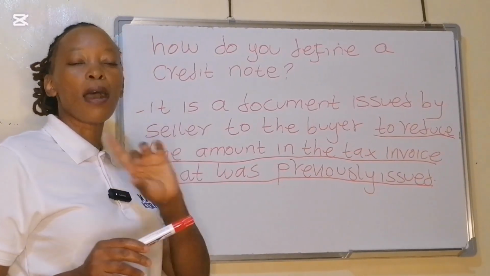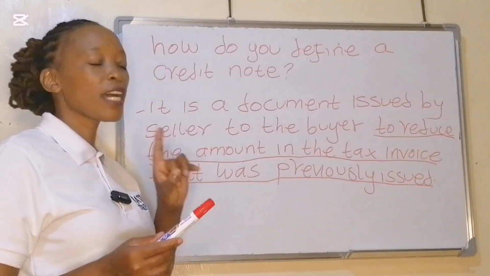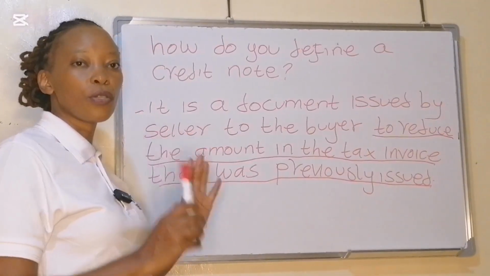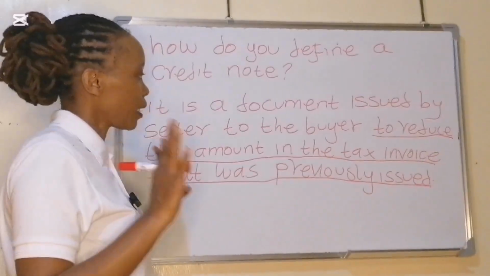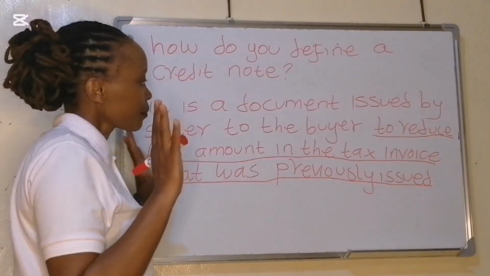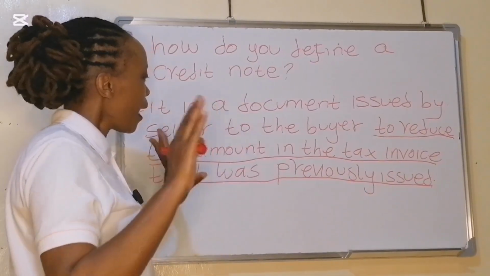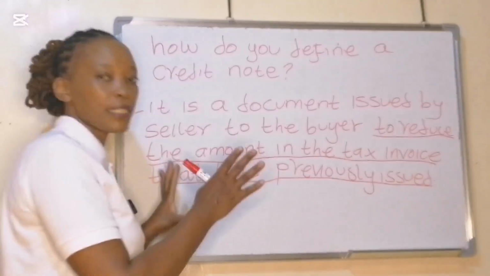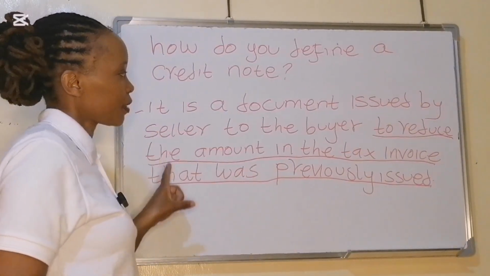But you don't throw away that invoice. You keep it very safe. You just keep it together with the credit note. That's how you do proper accounting. That's how you prepare proper accounting records. Keep the records according to the accounting guidelines. So I know everyone has an idea about the definition of a credit note.